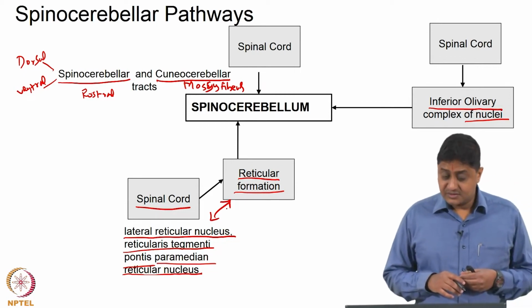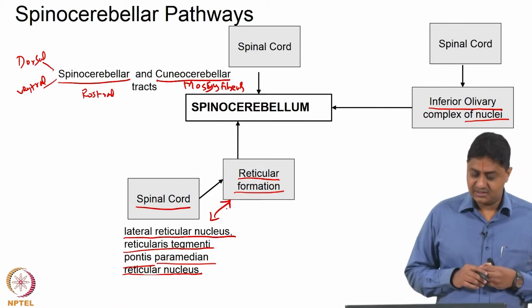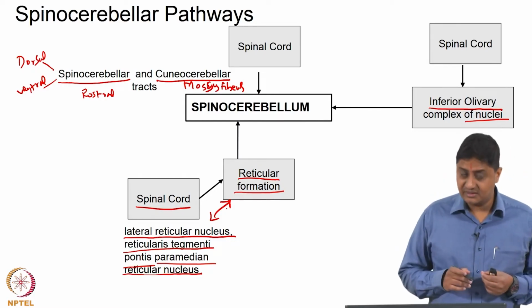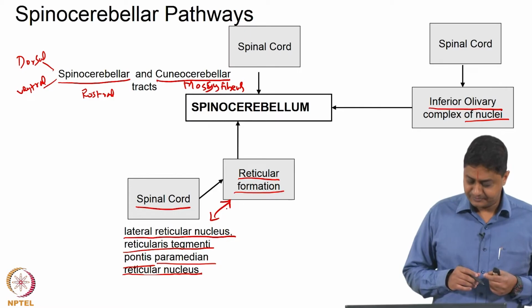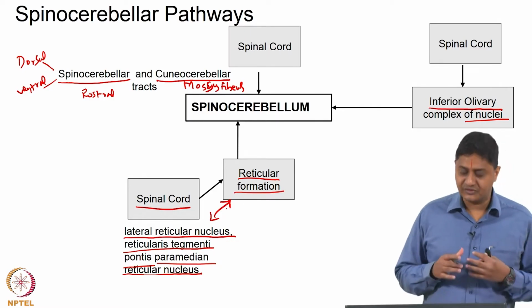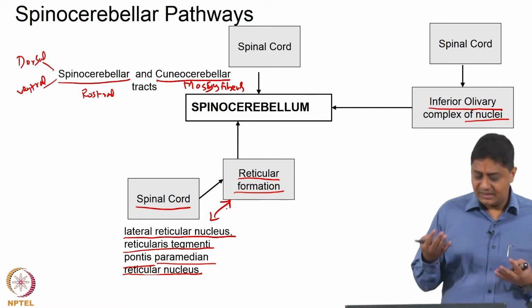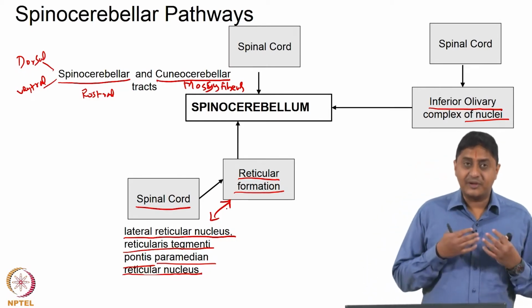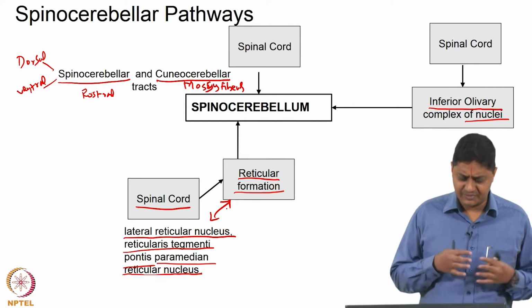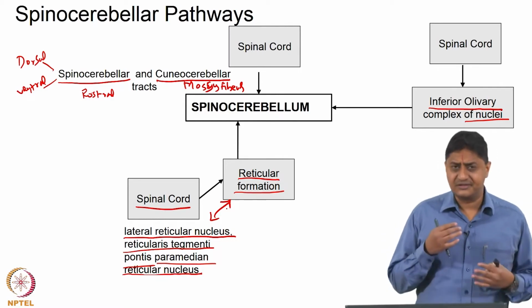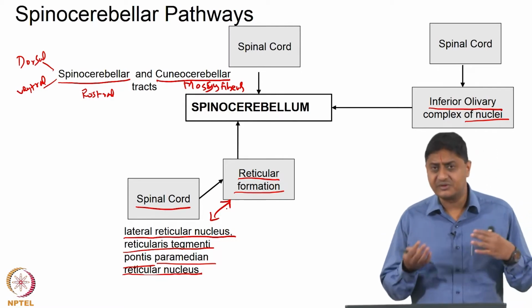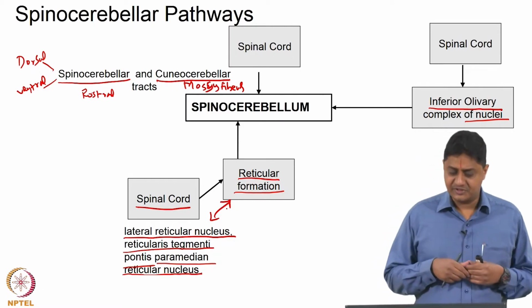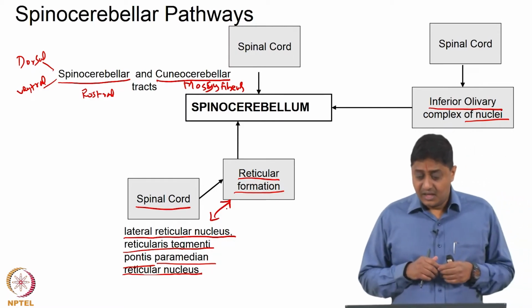Okay. So, these are the various inputs that are received by the spinocerebellum. The spinocerebellum receives inputs from at least 3 different sources: directly through the dorsal and ventral spinocerebellar tracts, the cuneo-cerebellar tract and the rostral spinocerebellar tract, right.